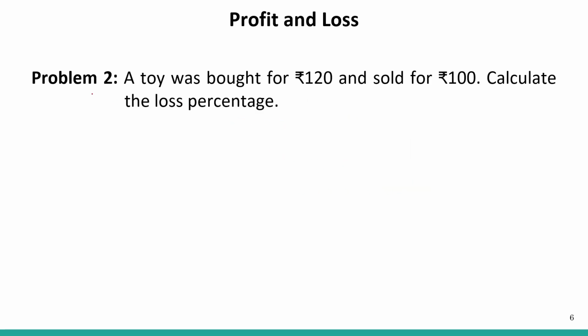Let's see problem number 2. A toy was bought for 120 rupees and sold for 100 rupees. Calculate the loss percentage. The cost price of the toy was 120, and it was sold for 100 rupees, so this is the selling price.